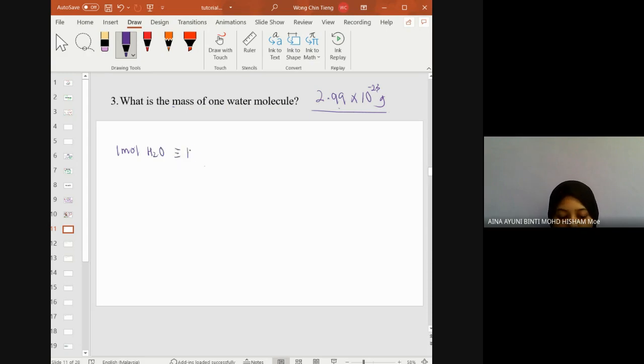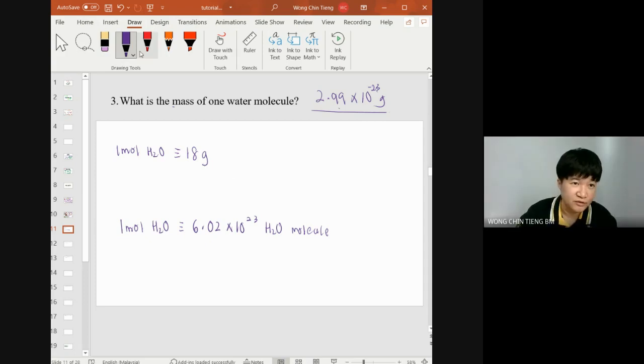Then I ratio 1 mole of H2O, 1 mole of H2O is equal to 6.02 times 10 to the power of 23. Then I ratio 6.02 times 10 to the power of 23 H2O with 18 gram. Okay, correct. But I can explain a bit better over here.